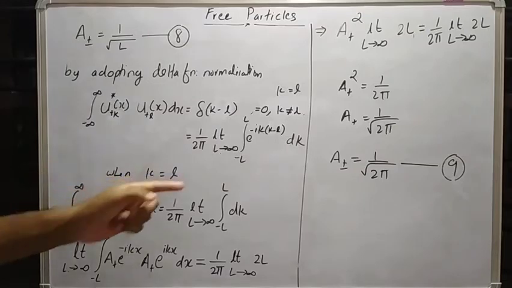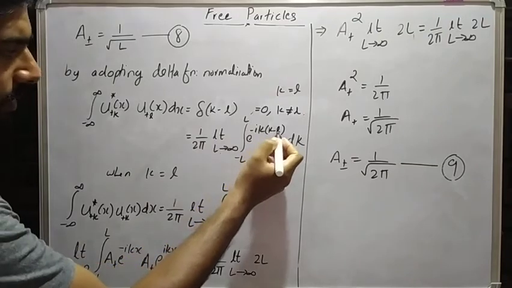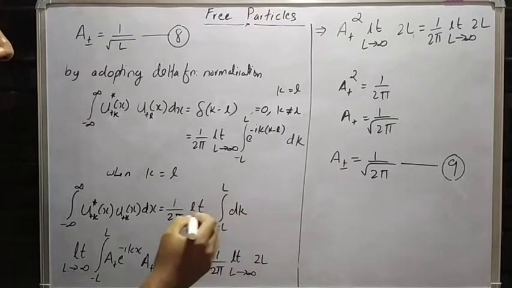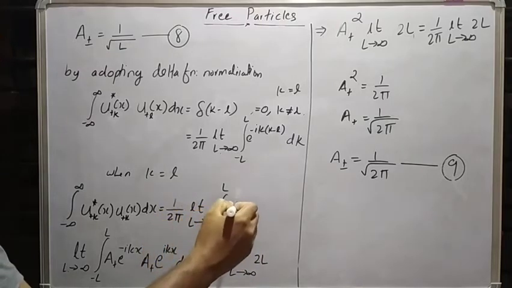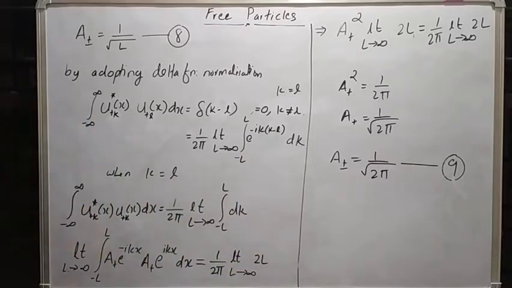When k is equal to L, this right side becomes 0. So we will get integral minus L to L dk, limit L tends to infinity, into 1 over 2 pi.